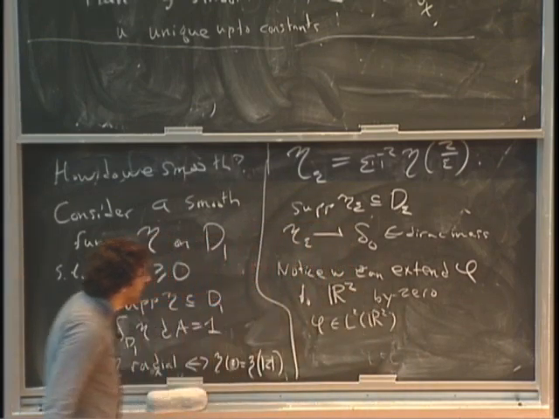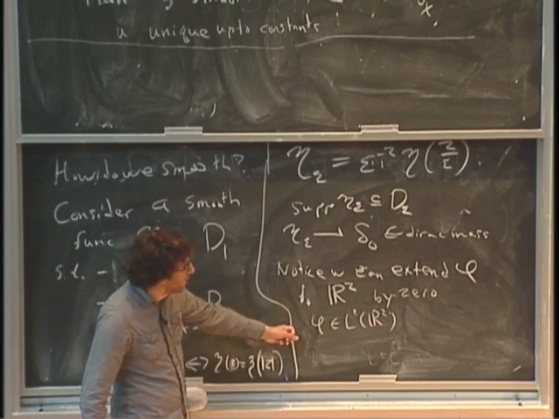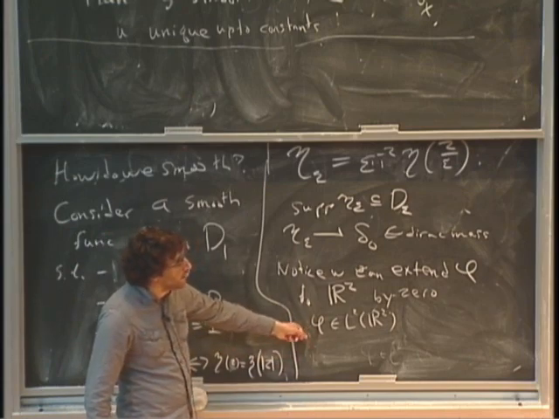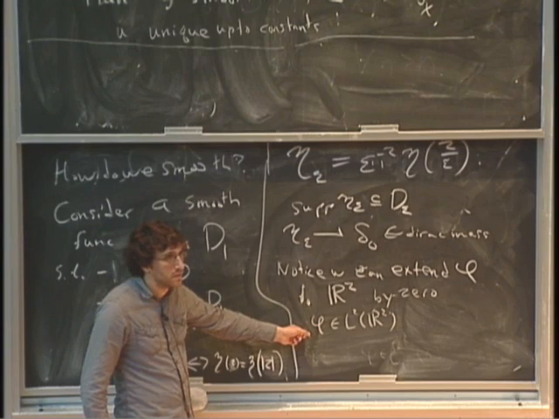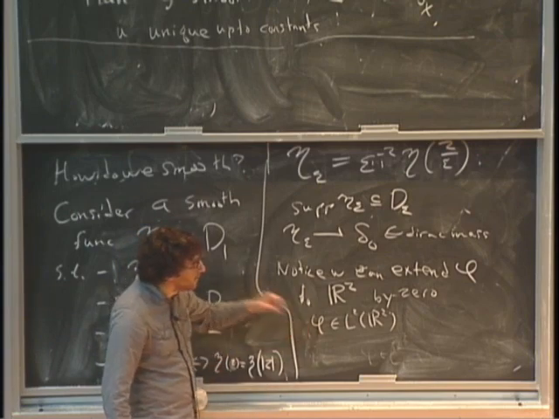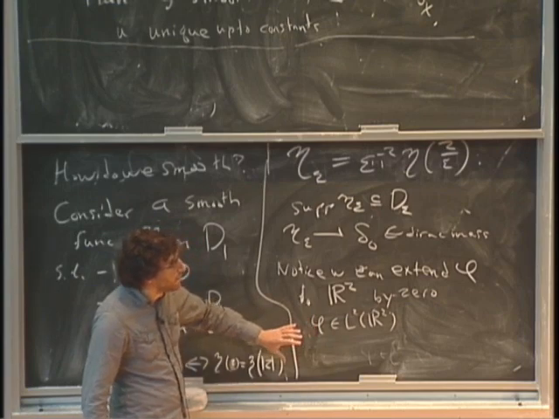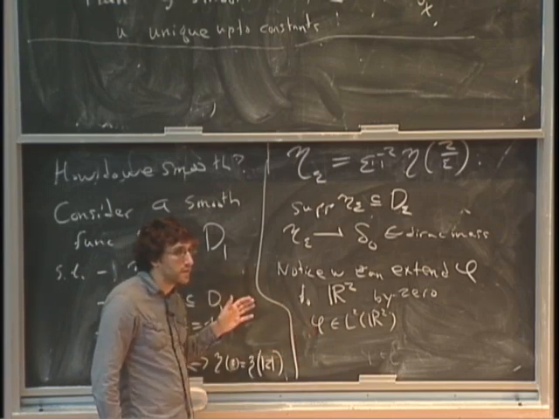However, some care is needed here. Is this function weakly harmonic on the whole of R2? The answer is no. If you tried to integrate by parts, as if this were a reasonable function, you would get terms from the boundary of omega.